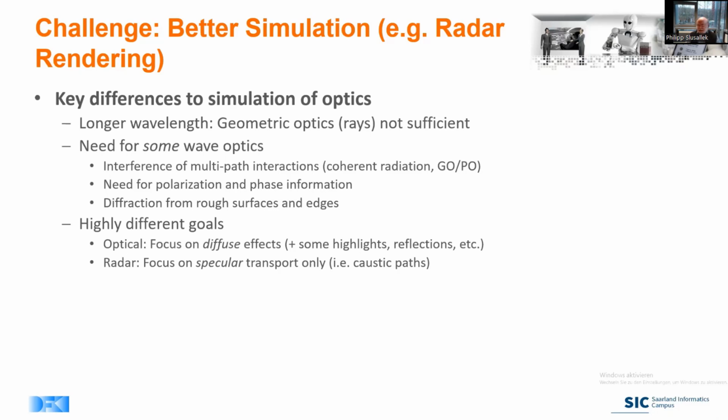And it's interesting what the relationship between optical rendering and radar rendering is. I don't want to spend too much time on this here, but it turns out some of the problems that are really hard in the optical area turn out to be the key elements for radar simulation. We happen to work on a lot of those, which is caustic rendering specifically.